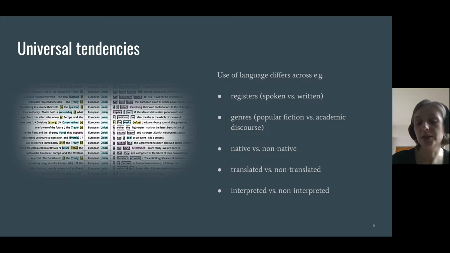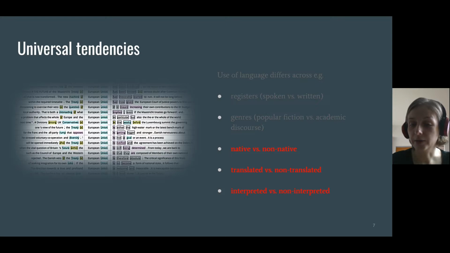Spoken translation, so interpretation, also uses language a little bit differently from the way that we communicate when non-interpreting. And today I would like to focus on the three latter aspects. So native versus non-native language use, translated versus non-translated, and interpreted versus non-interpreted.